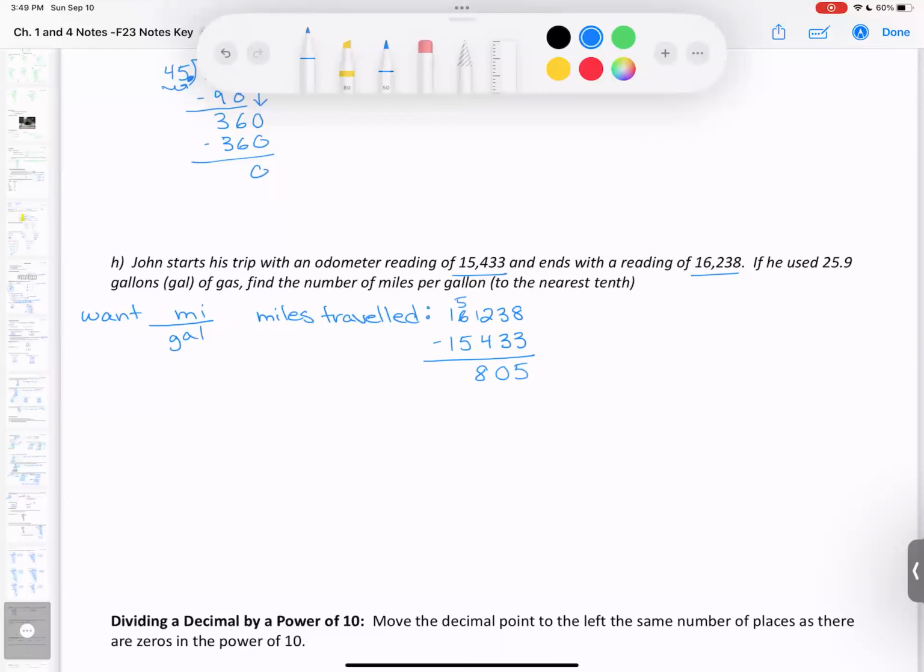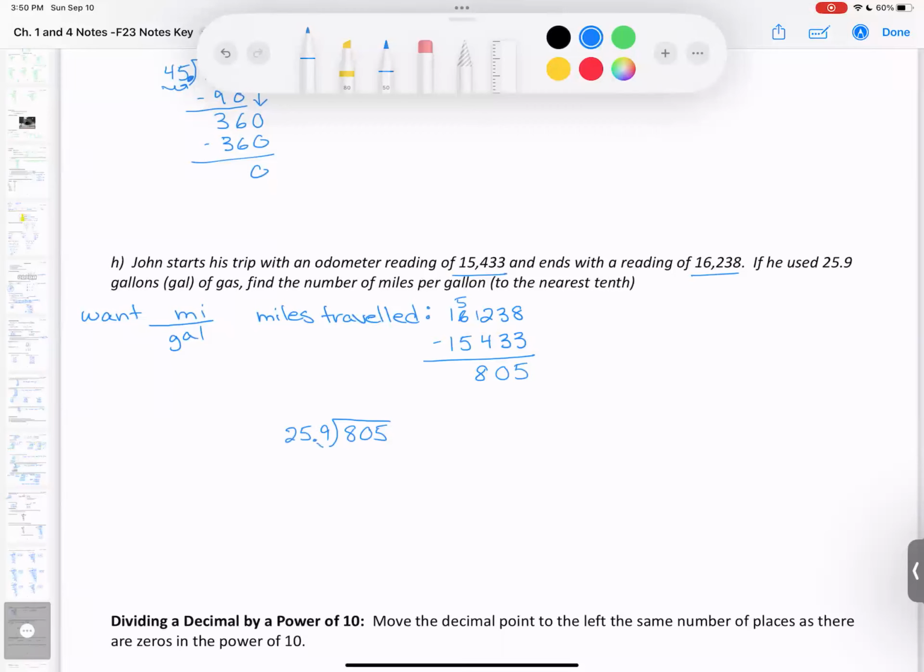Okay, so we get 805. So now we want miles per gallon. So that means we're doing miles divided by gallons. So 805 miles divided by 25.9 gallons.